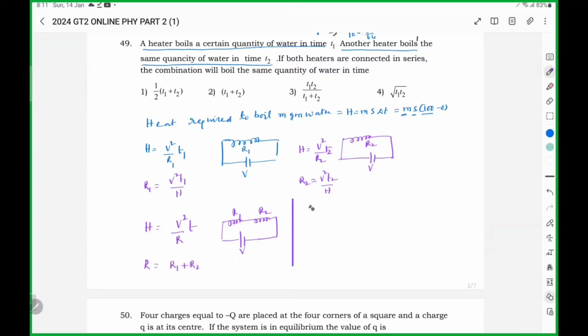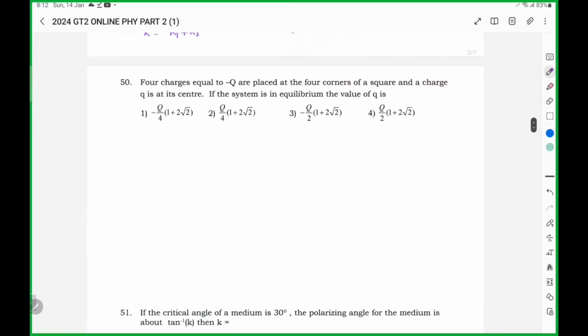So R is V square T by H, R1 is V square T1 by H, R2 is V square T2 by H. Everywhere V square by H is there, cancel out. So the time taken to boil the same quantity of water is T1 plus T2.